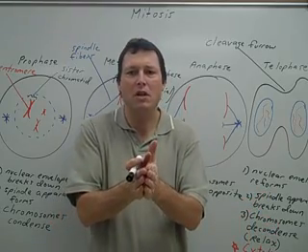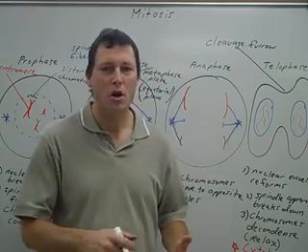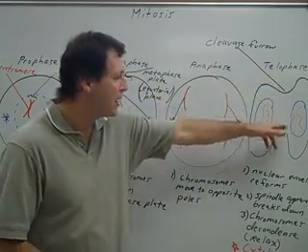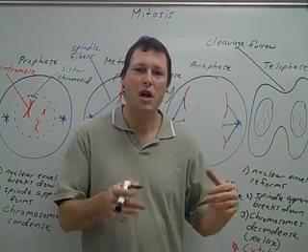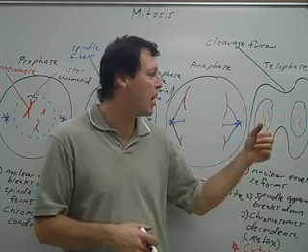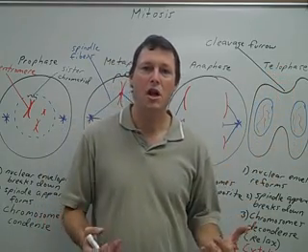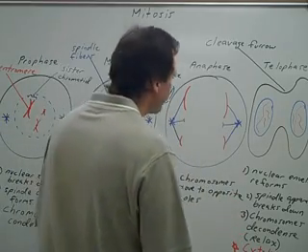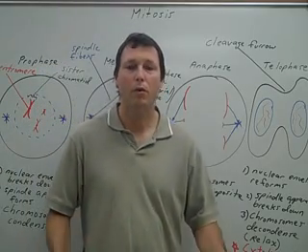At that point, the cell literally just sort of breaks apart and we end up with two cells. So a plant cell and an animal cell actually divide, cytokinesis occurs two different ways: in an animal cell with a contractile ring, which produces these cleavage furrows, and in a plant cell with a cell plate. And that's going to be it for mitosis.